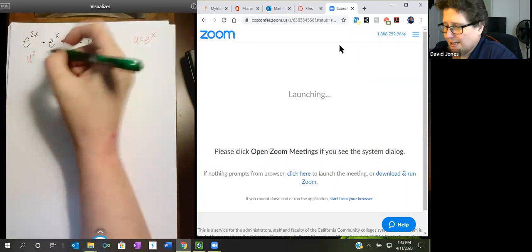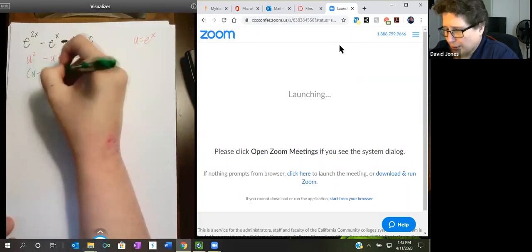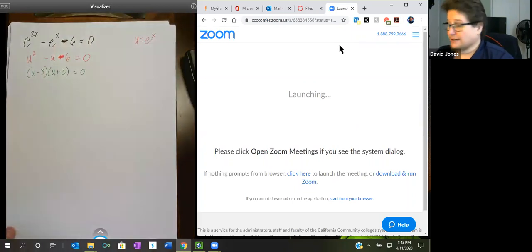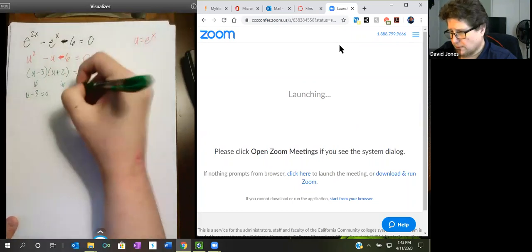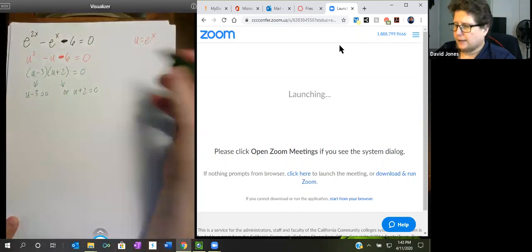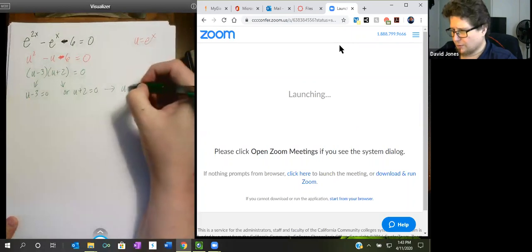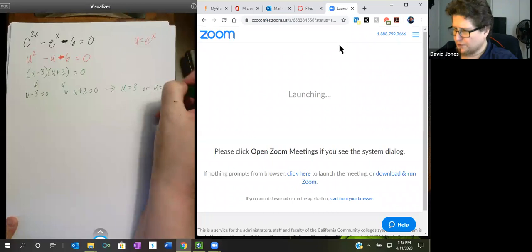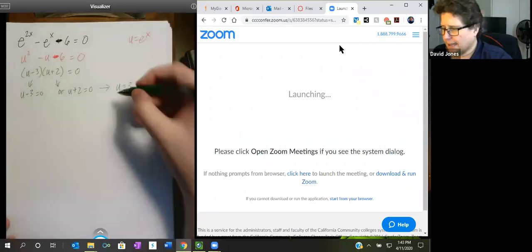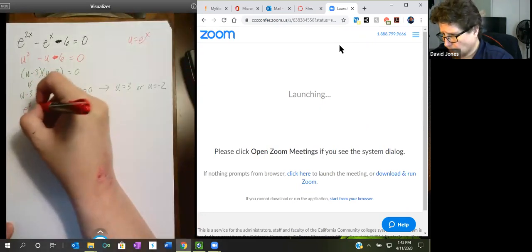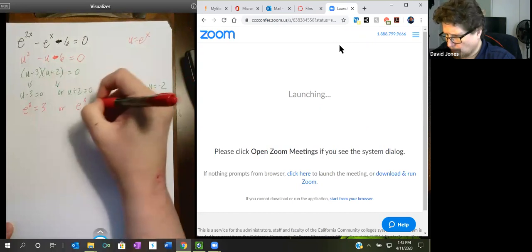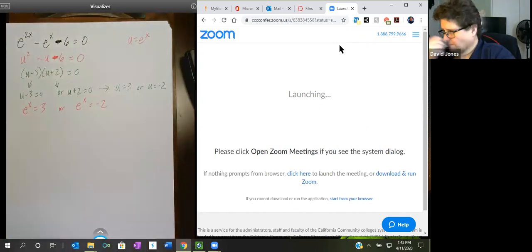This one does factor. It's u minus 3 times u plus 2. That's what I meant to do. And we saw we get u equals 3 or u equals -2. And we replace u with e to the x. So this is where we take the natural log of both sides.